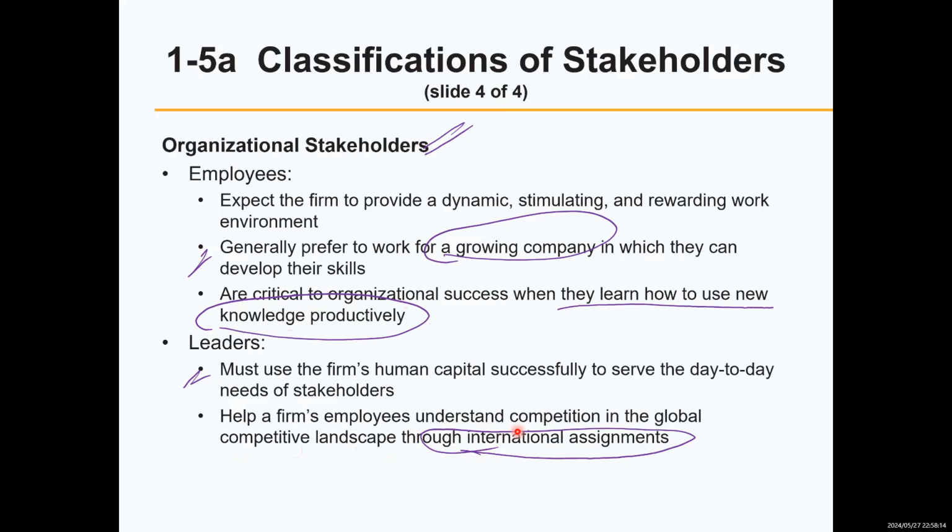Like I told you, the organizational stakeholders on employees want to learn how to use the new knowledge productively, right? So leaders must use the firm's human capital successfully to serve the day-to-day needs of the stakeholders.